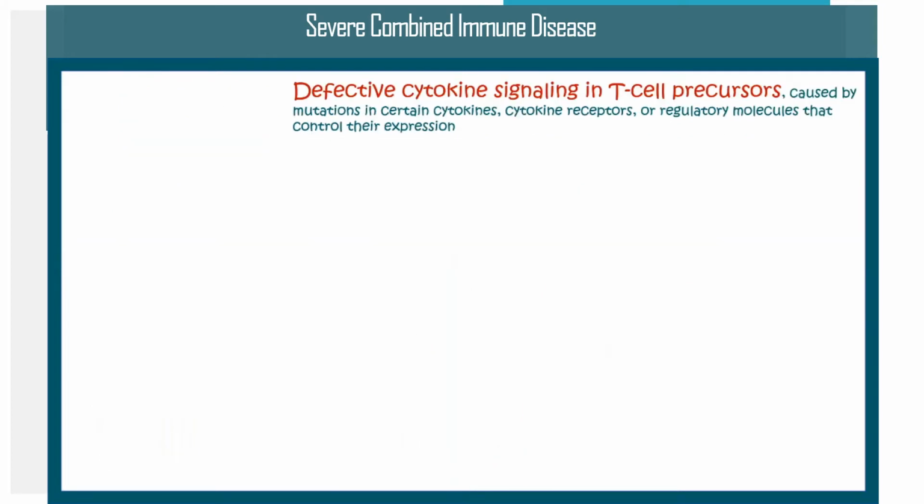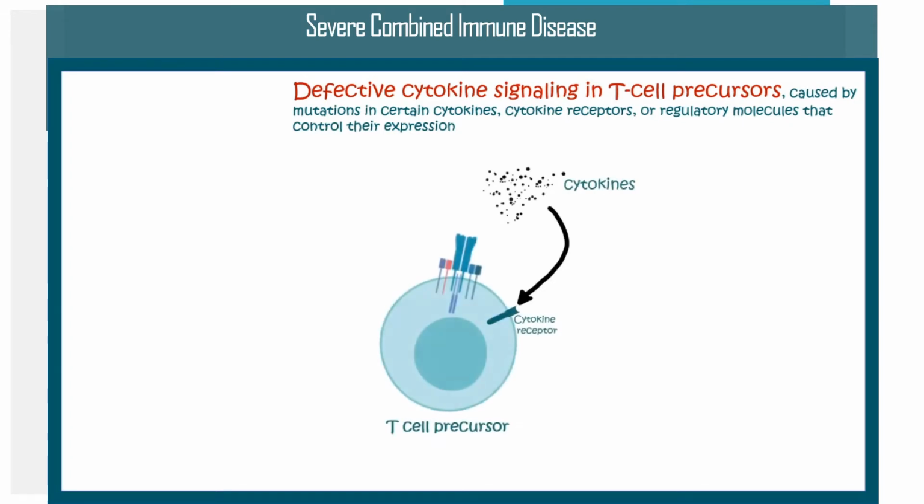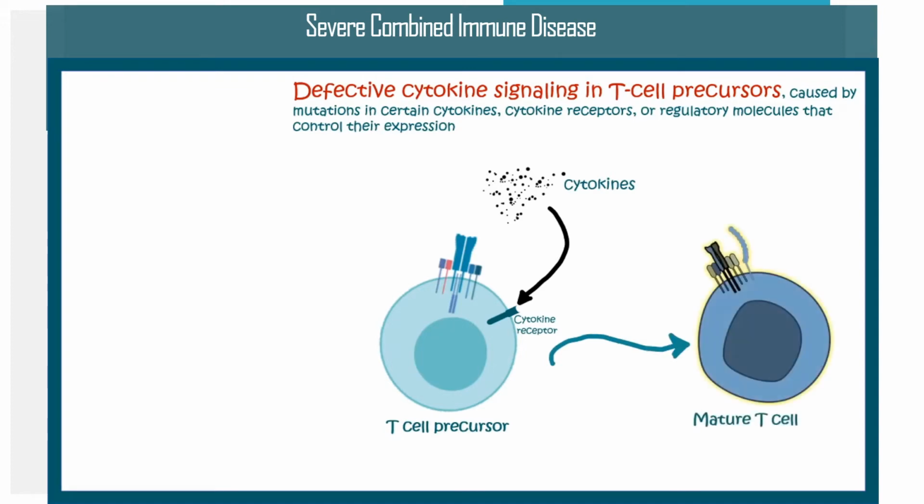First, there could be a defect in cytokine signaling, caused by mutations in certain cytokines, cytokine receptors, or regulatory molecules that control their expression. Cytokine signaling is very important for T cell, B cell, or any kind of immune cell development. We know cytokines bind to cytokine receptors on the T cell precursors and ultimately give them the proper instruction to differentiate into a mature T cell.